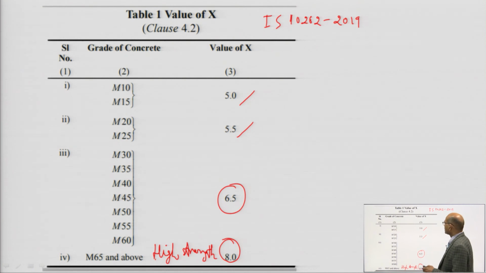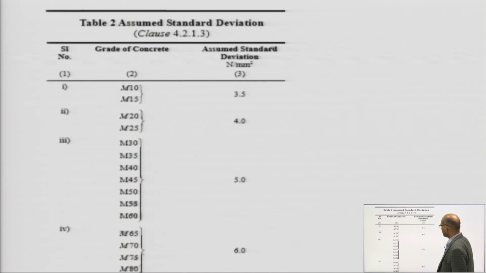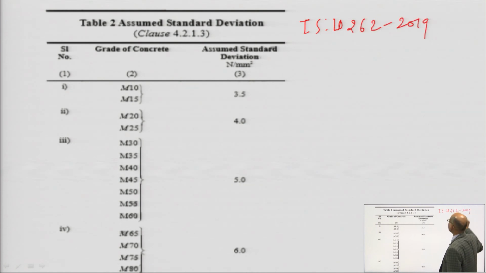Then similarly, if you see the assumed standard deviation, because at the initial stage we do not have the variation, how much variation is provided by the contractor. So, either you refer to IS 456, where we also get a similar type of table. This table has been taken from IS 10262:2019.